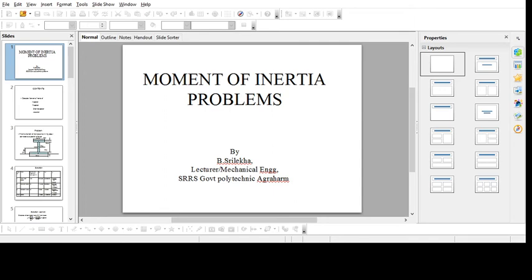That is equal to (750 into 5 plus 1150 into 67.5) by (750 plus 1150). So this is how we calculate. Next, my y bar value is 47.83.